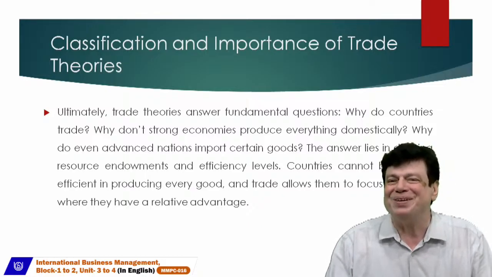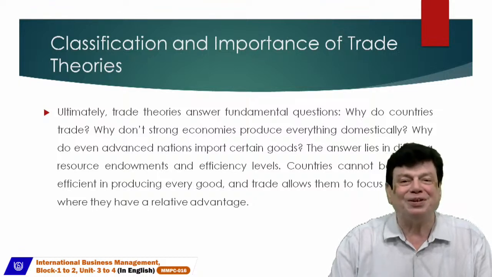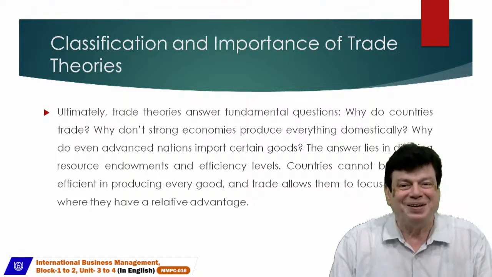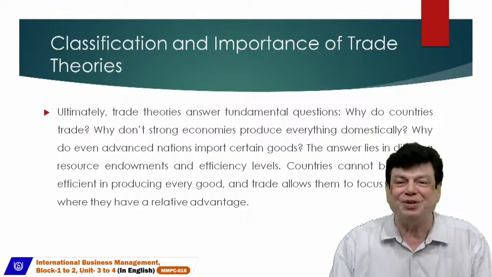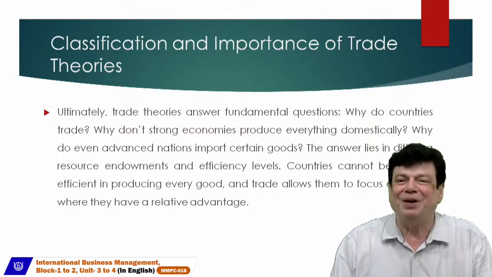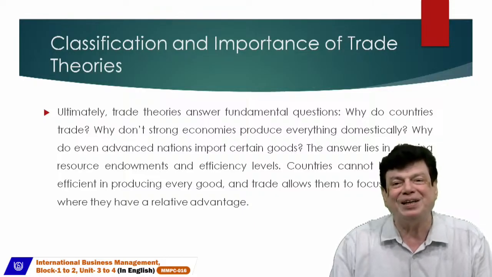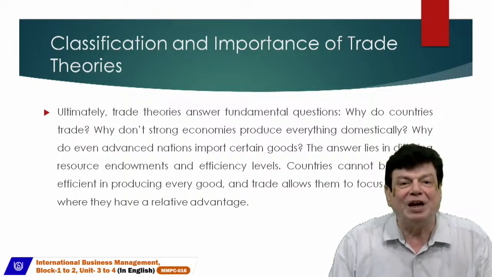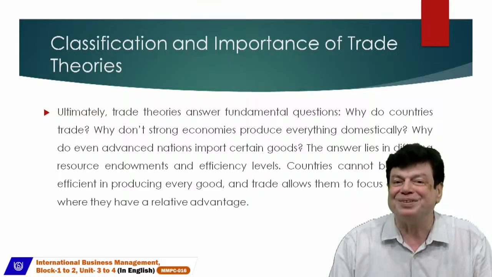It is not possible, because it depends on the resources. If we have too many natural resources for some particular product, naturally we will manufacture that product in high quantity and then export. Why do even advanced nations import certain goods? Same, they are unable to produce that.